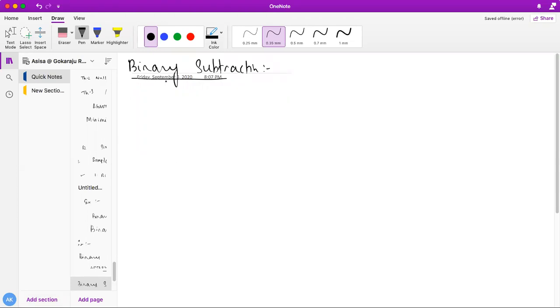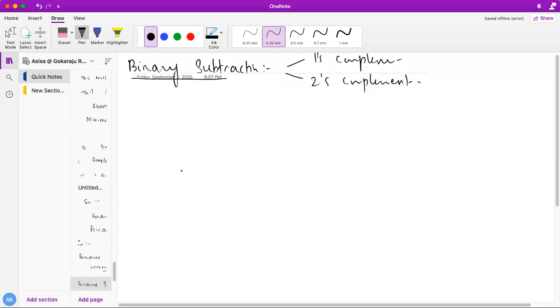So instead, people thought we should directly perform the subtraction using certain complement techniques. For binary subtraction, as I have told you, you can use either 1s complement technique or 2s complement technique. We are going to see first the 1s complement technique to perform binary subtraction.